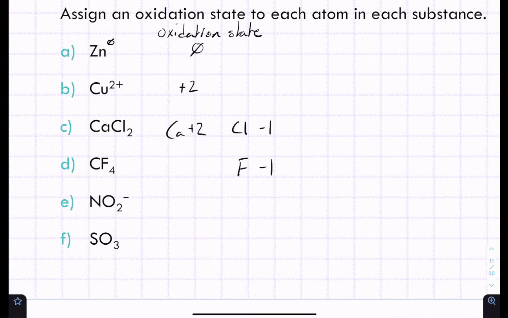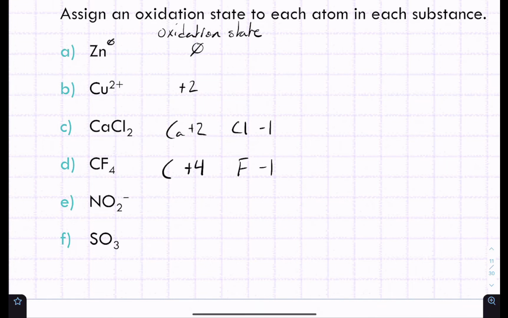This is very similar to charges, where all the nonmetals are going to have negative oxidation states for the most part, and the metals will have positive. Carbon, though: if each fluorine atom is -1, there are 4 of them. What does the oxidation state have to be for carbon then? +4.